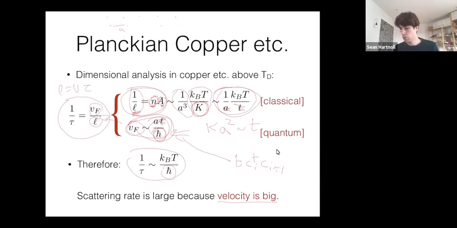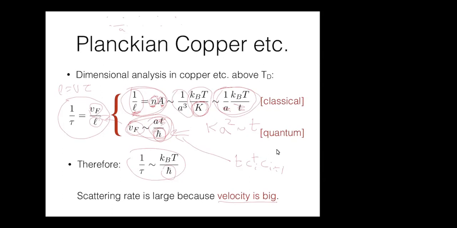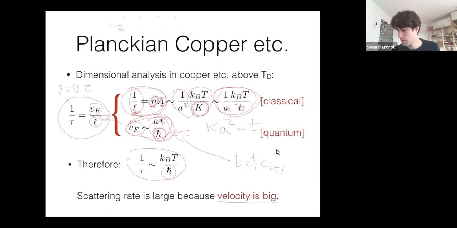Okay, so what would happen, for example, for non-degenerate electrons is that this velocity would be something like the square root of k_B T over m. Because, for example, if I have just a classical ball, then its kinetic energy, by equipartition, is k_B T. And so the thermal velocity would be the square root of k_B T over the mass.